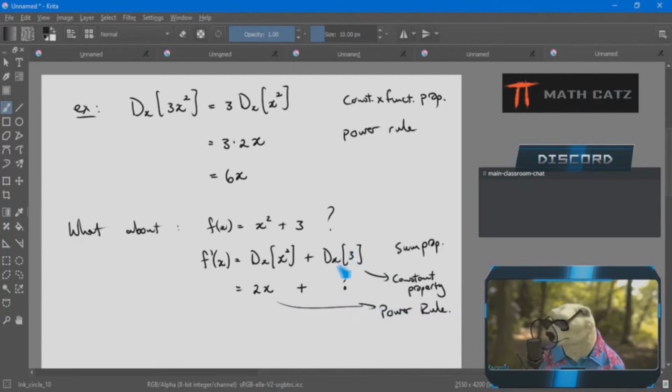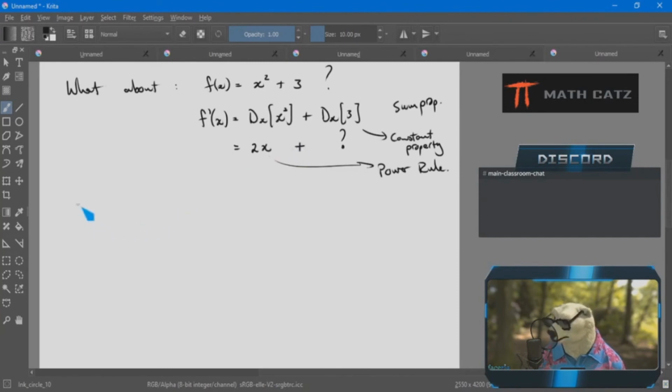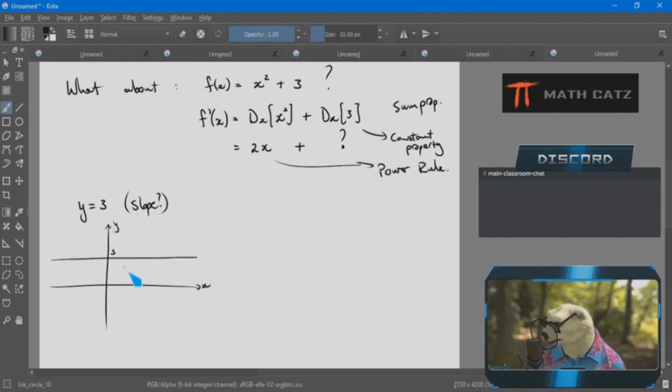Now let's think about the derivative of 3. What does that mean? It means I have y equal to 3, and I'm looking for the slope. Derivative is the slope. Well, what does this function look like? It's a horizontal straight line at 3.